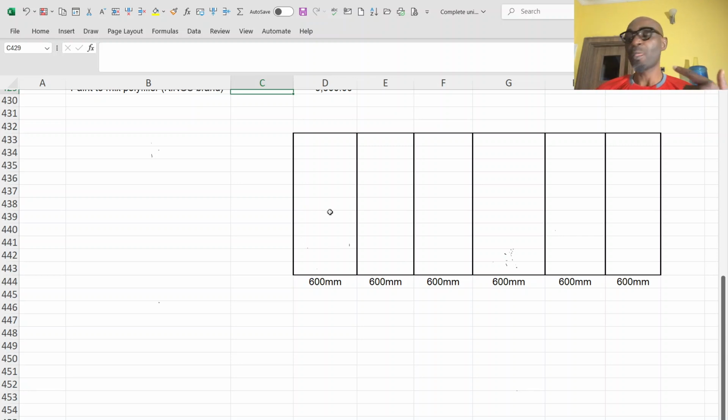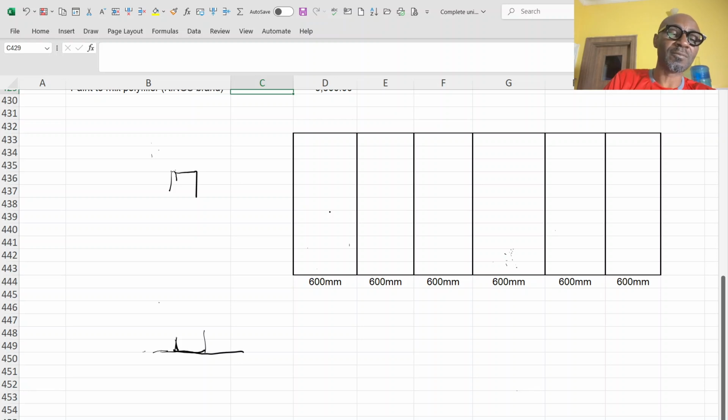So you have the profile, the bottom profile is this. You have another one, this. Then this is the concrete floor at the bottom. This is the floor. Then this is your slab.